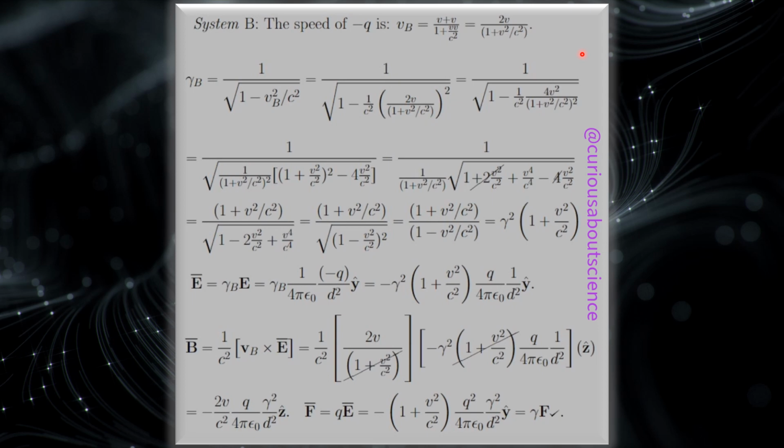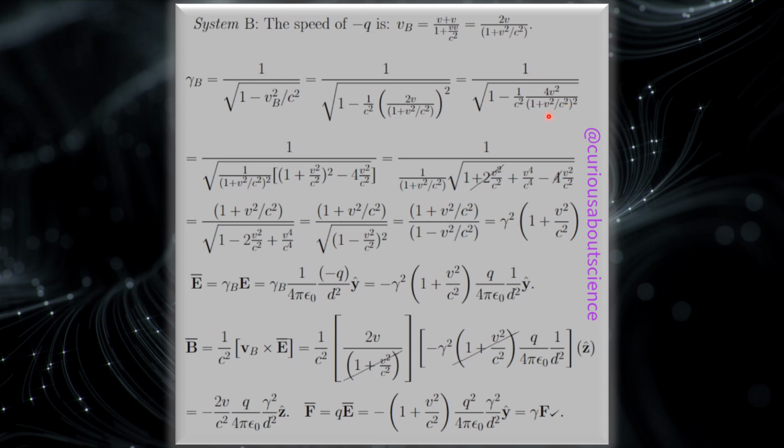Cool enough. So the Lorentz factor for system B is as such. v_B, we have to substitute in from the Einstein velocity addition rule.